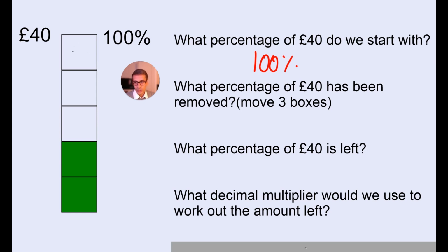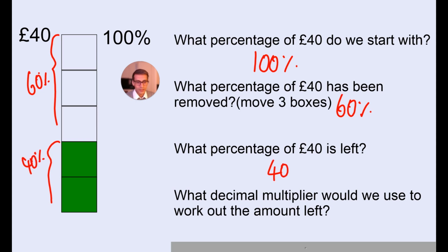Now each box is worth 20%. So together we're taking 60% off. We're left with 40%. So 40%, which means we're working out 40% of 40. So 0.4 is the decimal multiplier.